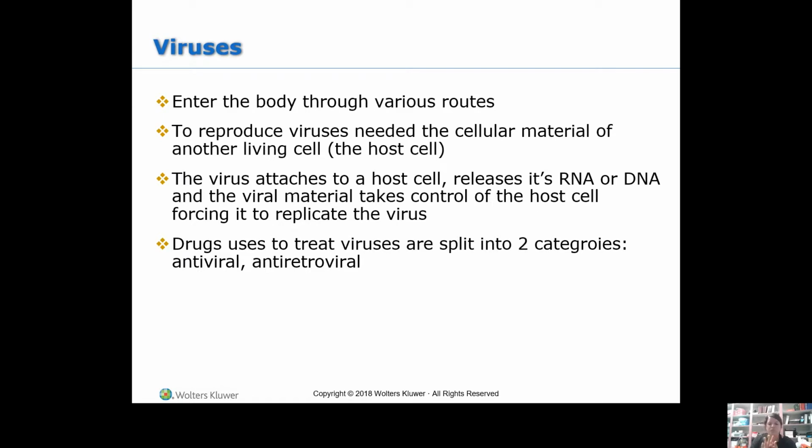So, viruses in general. I posted the video that I referred to in your very first lecture, chapter 6, where I said to look at the differences between viruses and bacteria. It is uploaded now under the chapter 5 and 6 lectures, so you can refer back to that video for the viruses if you want to look at them separately.